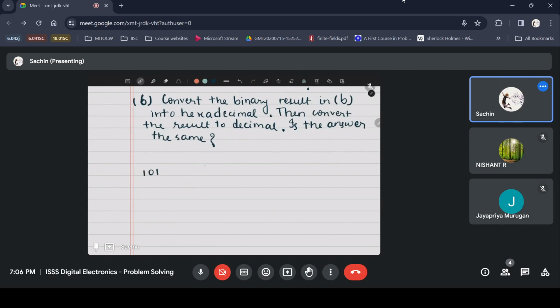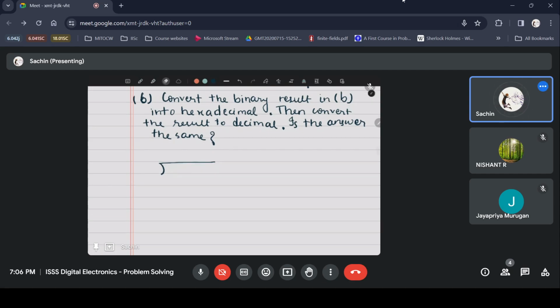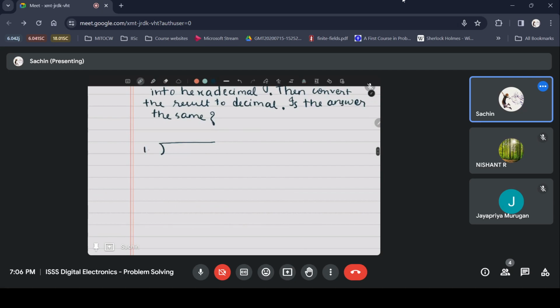Okay, 2/3, right? 3 dividing 2 goes 0 times.